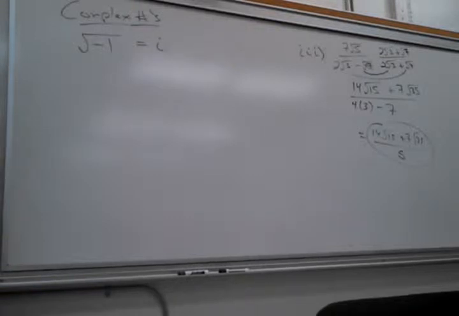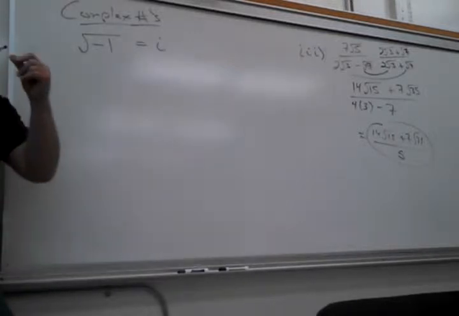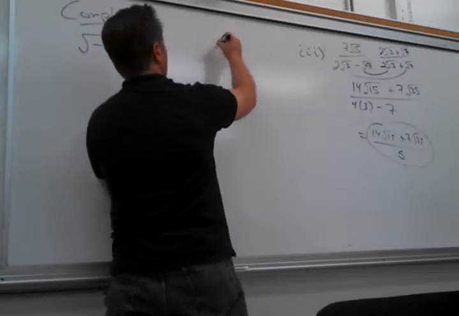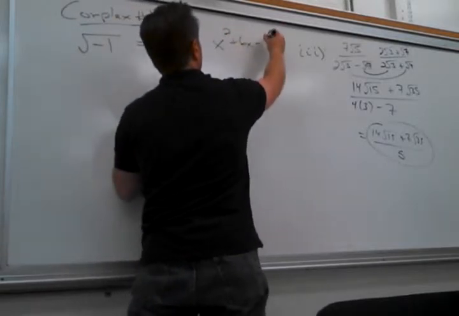There was a guy named Cardano. You should look this guy up. He was really into gambling, and he was doing a lot of mathematics related to games, right? But then he came up with something. So the quadratic formula is for solving stuff like this.